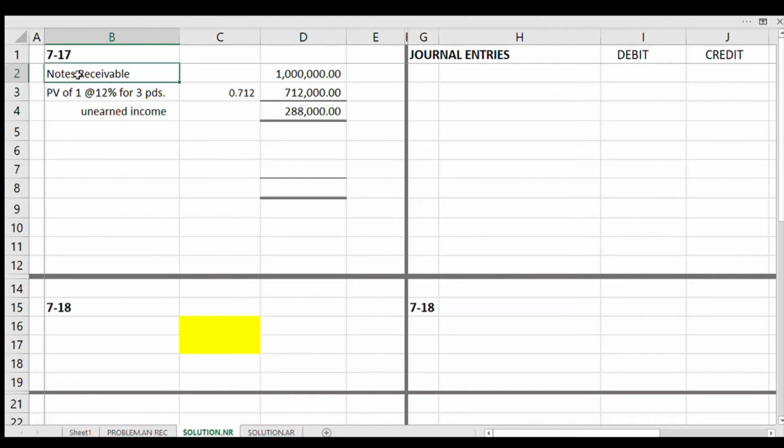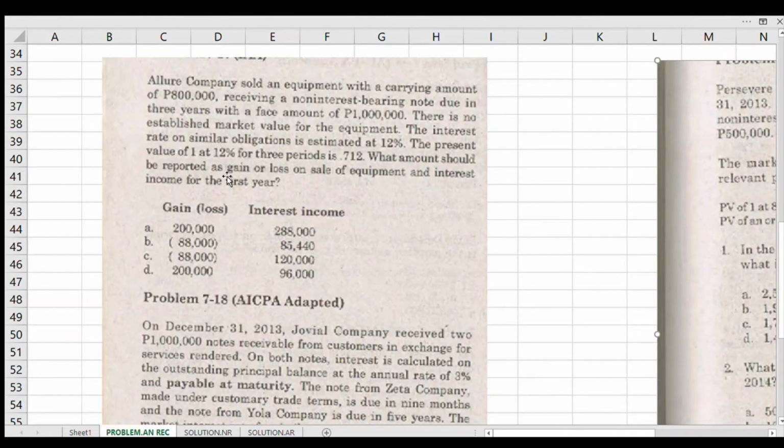Ang sabi doon sa problem, there was a note receivable, considering na the entity sold an equipment. This is not a merchandise, actually it is a sale of a non-cash asset, equipment.